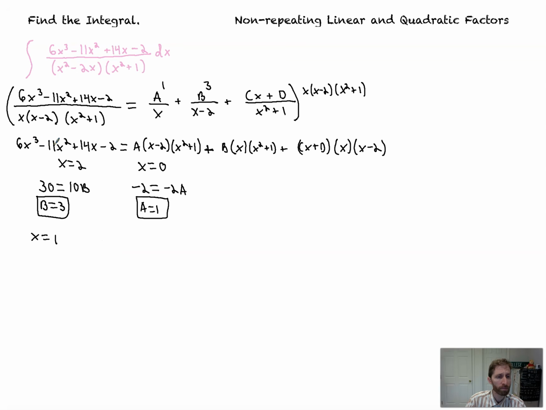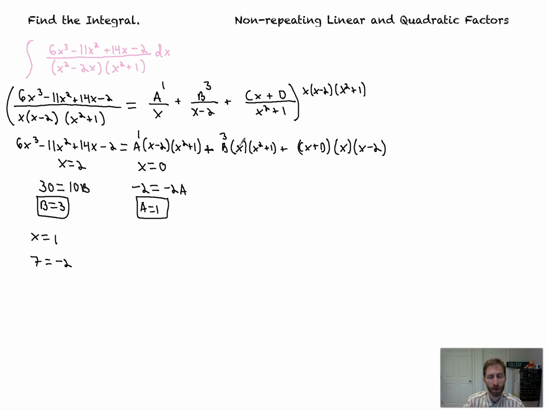6 minus 11 is negative 5, and 14 is 9, minus 2 is 7. A, remember, is going to be 1. That's what that is. So A is 1, B is 3, and we're plugging in x equals 1. So negative 1 times 2 is negative 2 times 1 is negative 2.